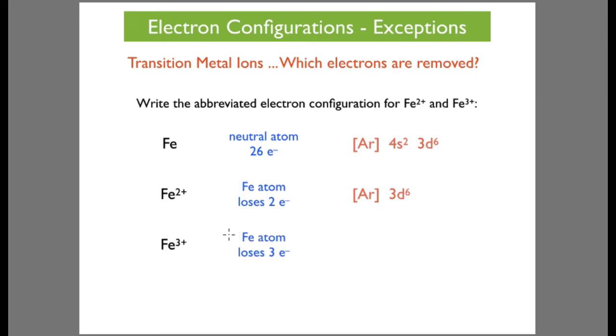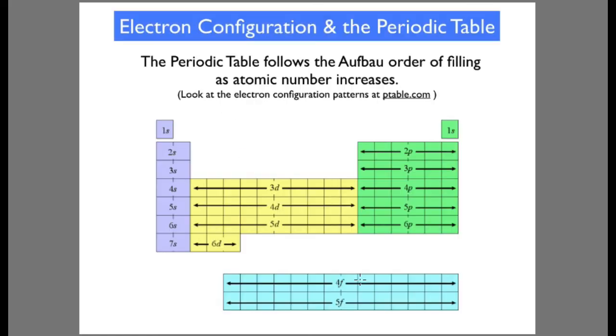And this is why the Fe3+ is quite stable, because when iron loses 3 electrons, you get 3d5, a half filled d sublevel, which is stable. There's no electron pairs repelling each other. Now don't, again, worry too much about this here. It doesn't stand for abbreviated, by the way.